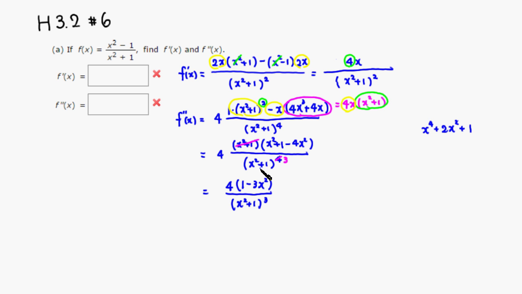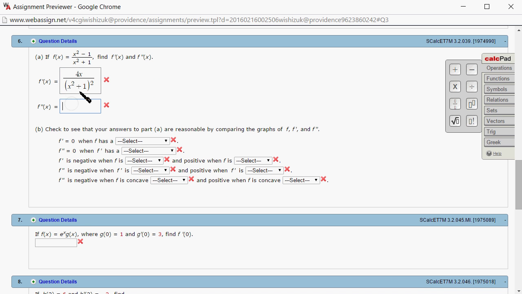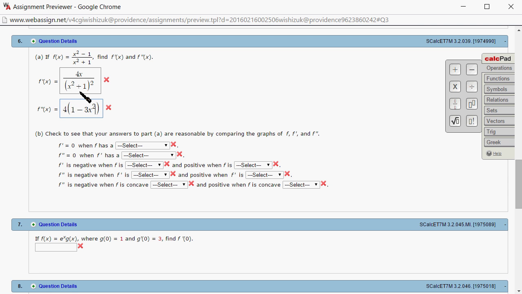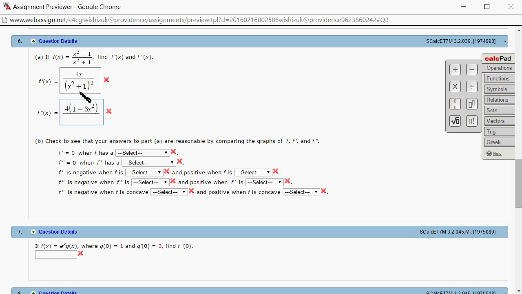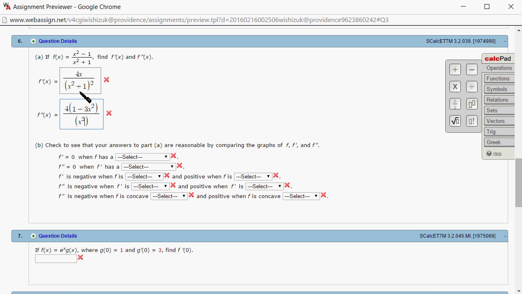So let's type it in. It was 4, then 1 minus 3x squared, divided by x squared plus 1 raised to the 3rd power.